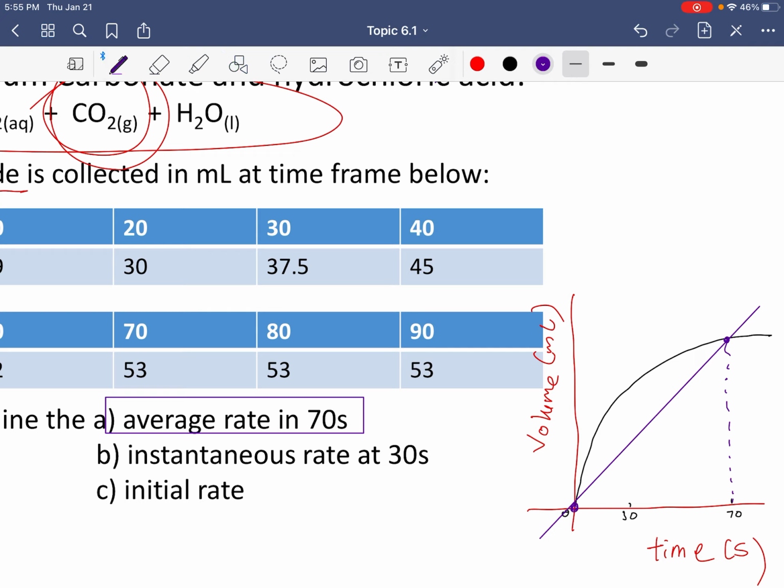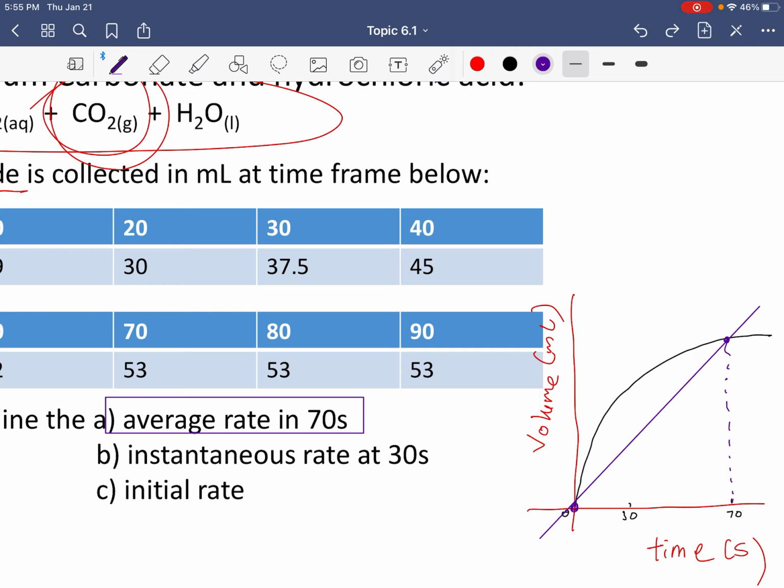So that's why you're going from 0 to 70. If somebody asks you, what is the average rate between, let's say, 30 and 70? So this is 30, and this is 70, and you'll draw a secant line here. What are you going to do with this secant line? Find the slope.